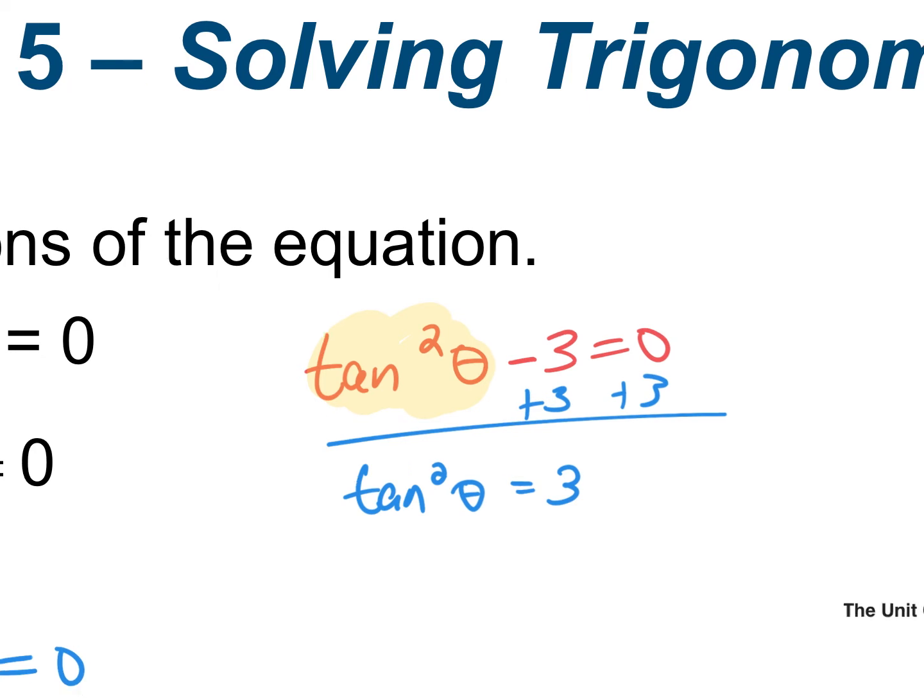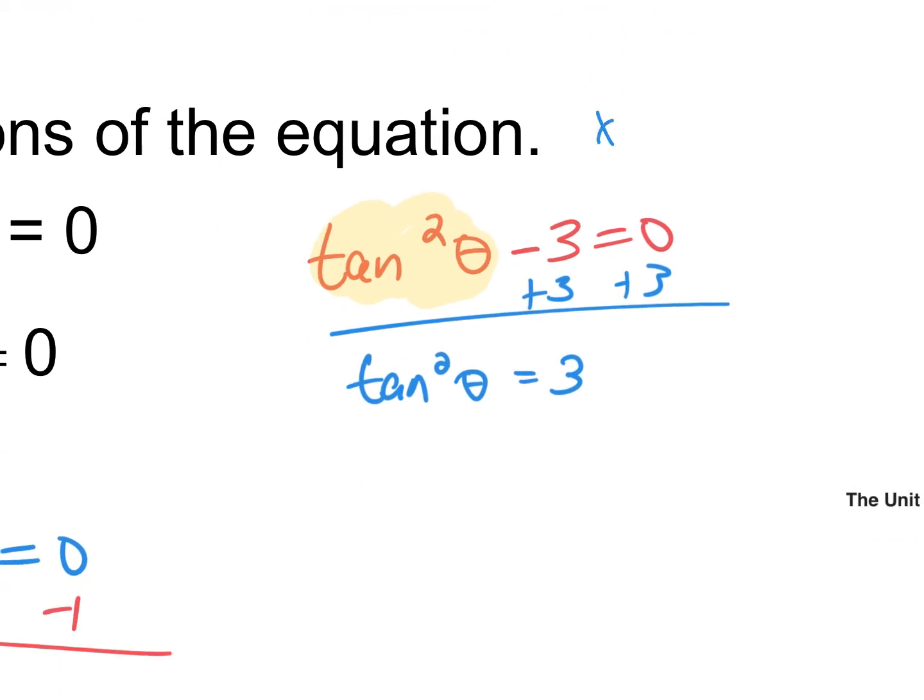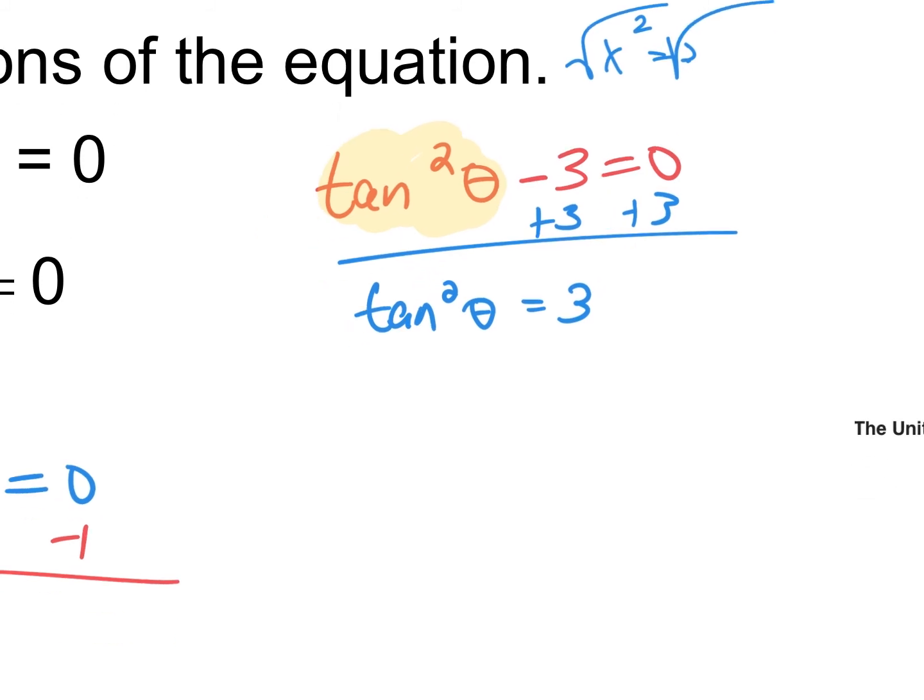Take the square root. Perfect. If this said x squared equals 3, you guys would say, oh, take the square root. And then what goes in front of your answer? Right, but what goes in front of the square root? A plus or minus. Same thing. Square root, square root. So I'm looking on the unit circle where the tangent of theta is plus or minus the square root of 3.